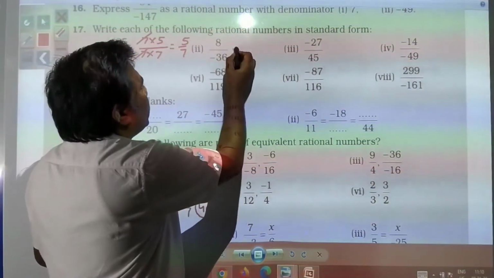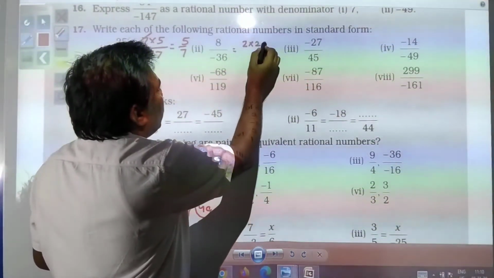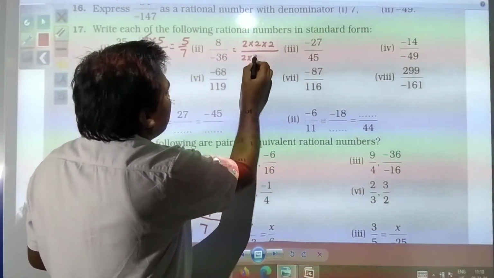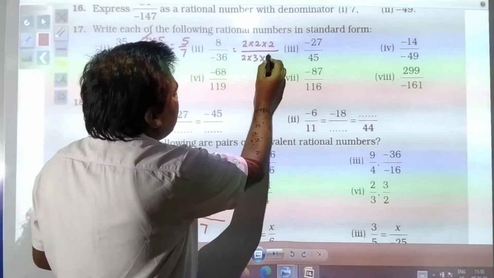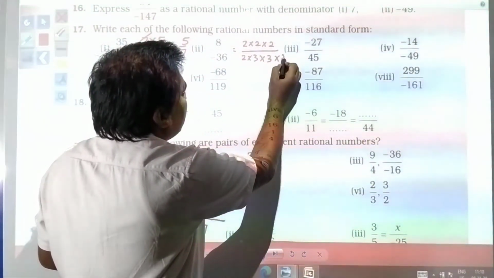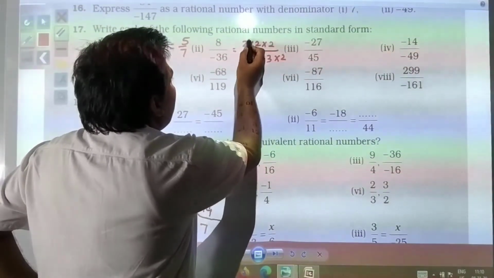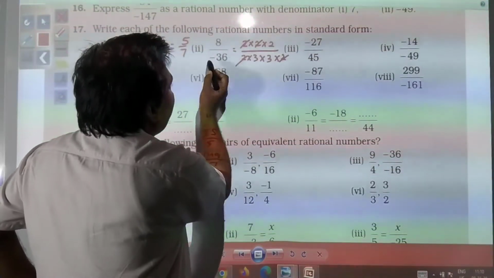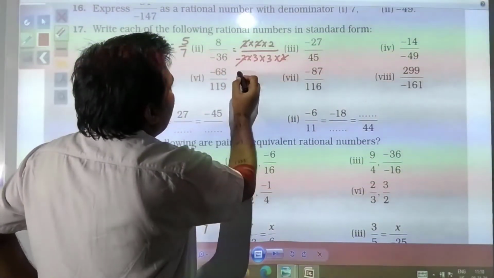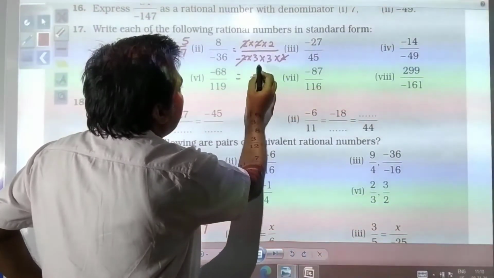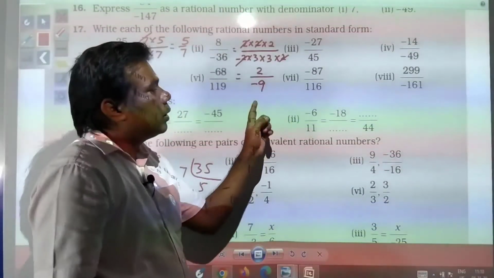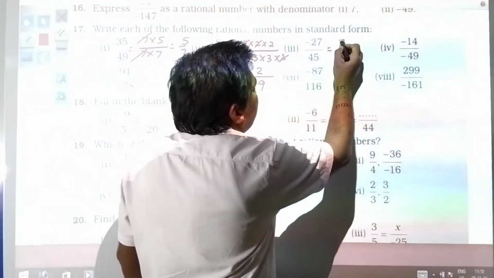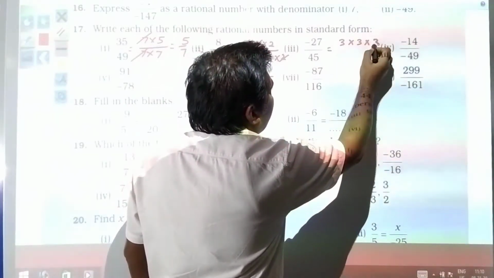In the same way, here you see 8 can be written as 2 into 2 into 2, and 36 can be written as 2 3s are 6, 6 3s are 18, 18 2s are 36. So here 2 and 2 got cancelled. Minus you have, so the minus sign will be there. So your answer will be 2 by minus 9. Here you see minus 27 by 45, 3 3s are 9, 9 3s are 27.